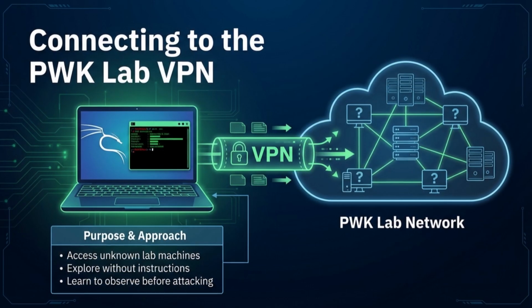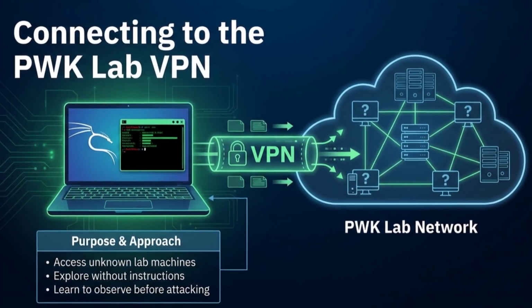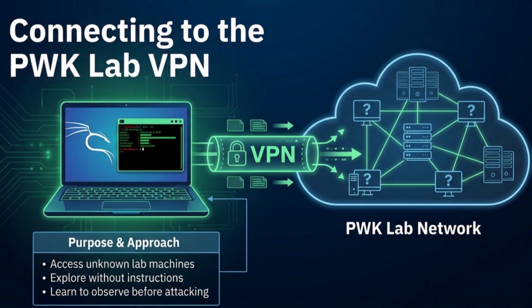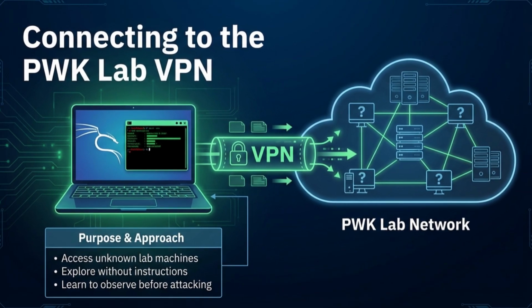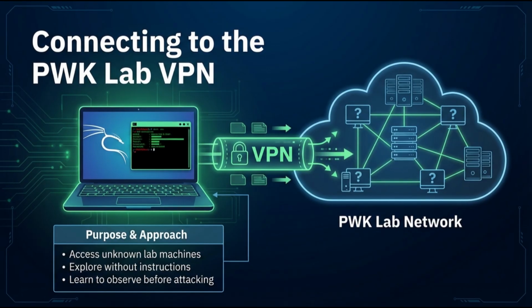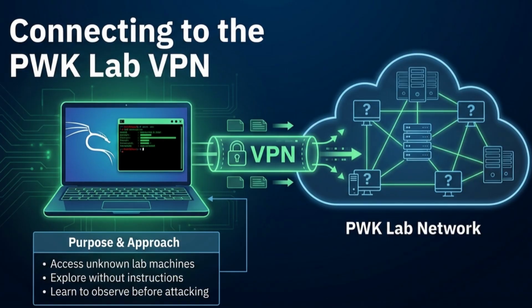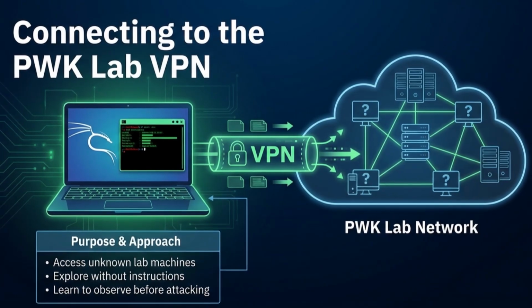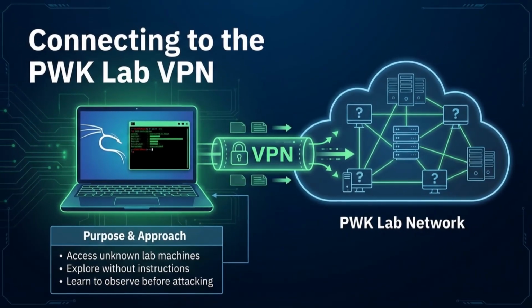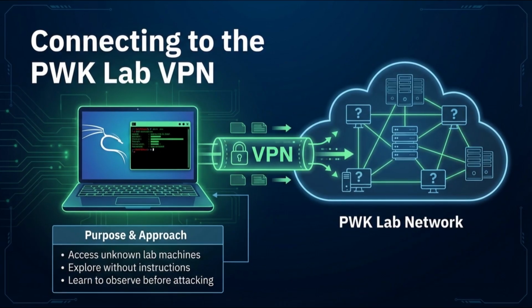Objective 3. Connect to and interact over the PWK VPN. Next, OffSec introduces you to the PWK VPN. This VPN connection allows your Kali machine to communicate with the lab environment. But this objective is not just about connecting, it's about learning how to interact with unknown systems.